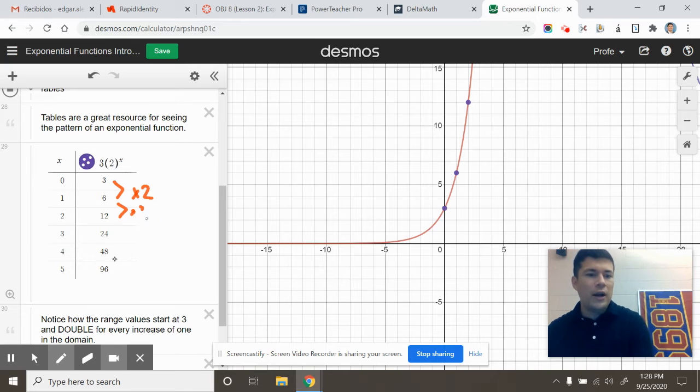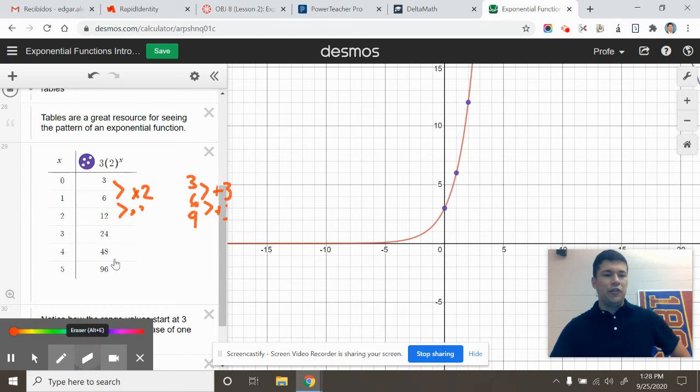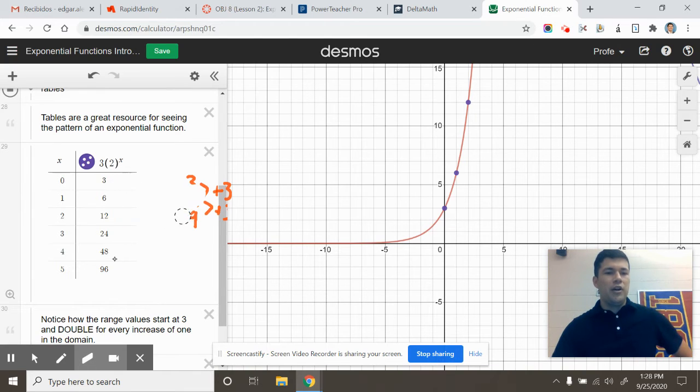So this is times 2, times 2. Whereas if we had a linear pattern, you might see something like output of 3, output of 6, and then an output of 9, because what happens in linear patterns is you really have a common difference. You're adding each time. You might say, let me add 3 each time. So that's the biggest difference really between linear and exponential.